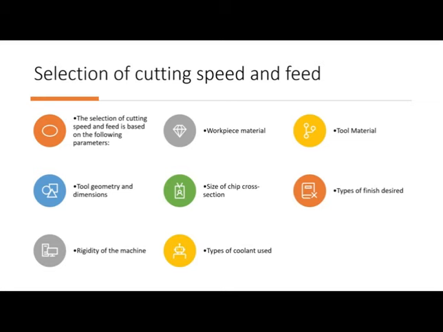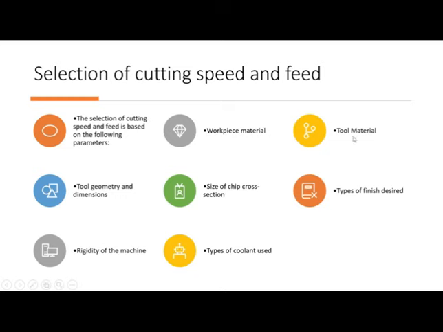Next, selection of the cutting speed and feed. These are the factors on which the selection of cutting speed and feed depends, which you have observed in the workshop while performing practicals on the lathe machine. The selection is based on the following parameters. First is workpiece material. Obviously, the material of the workpiece which you are going to machine is the first thing you must consider.